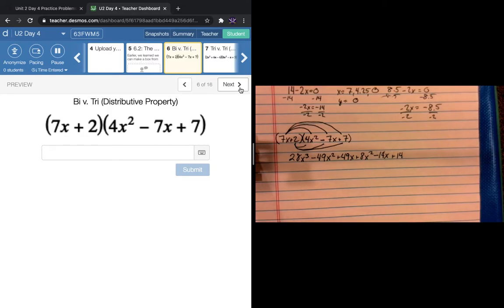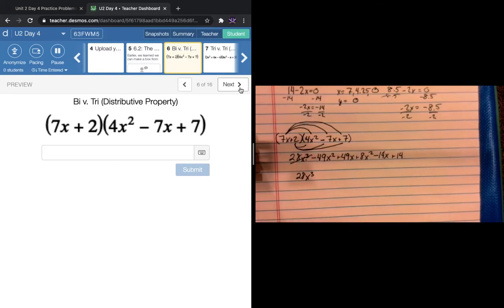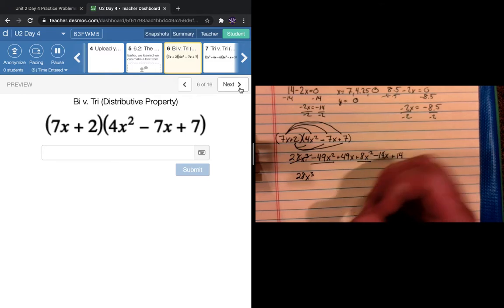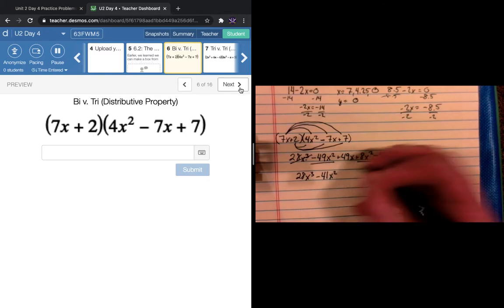From here, we're going to write it in descending order and with common terms. So I look here, my highest degree is 3, so my final answer is going to start with 28x cubed. I like to put a line through it when I'm done so I don't add anything extra. Now I've got a negative 49 and a positive 8, which is going to give me a negative 41x squared.